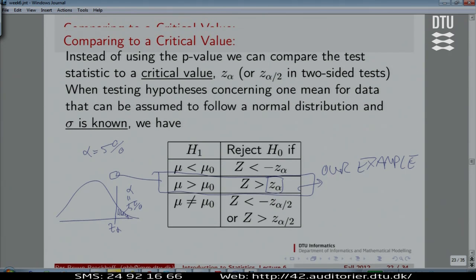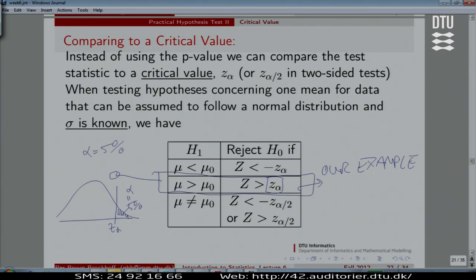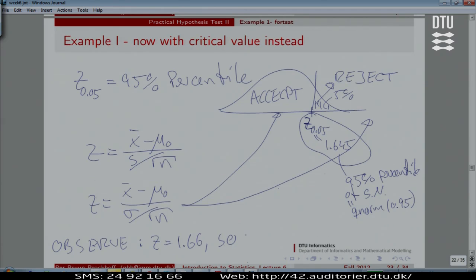That's why I'm now going back to this awful table. The table tells us that if my observed set is larger than the critical set alpha, I reject, right? That's just what's in the table. If the observed set is too far away, I reject. So, in our case, we reject. Of course, we knew this should be the result since we already did that on the same risk level.